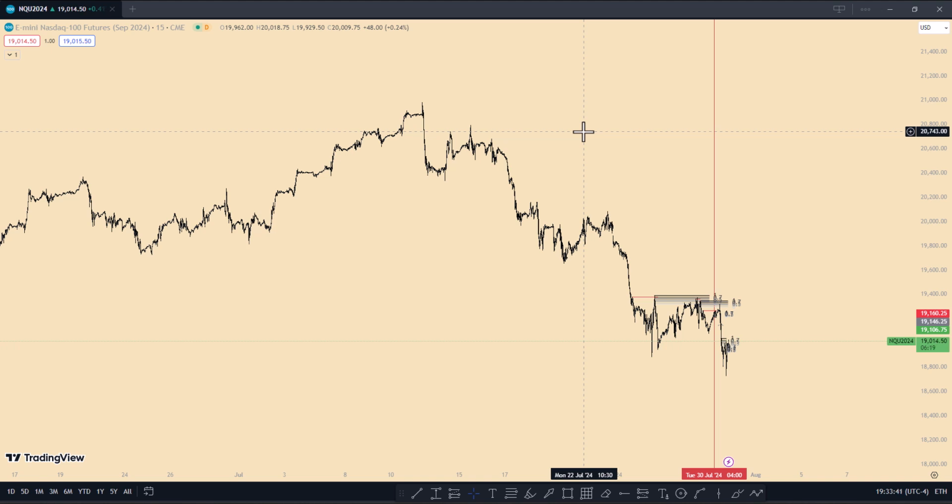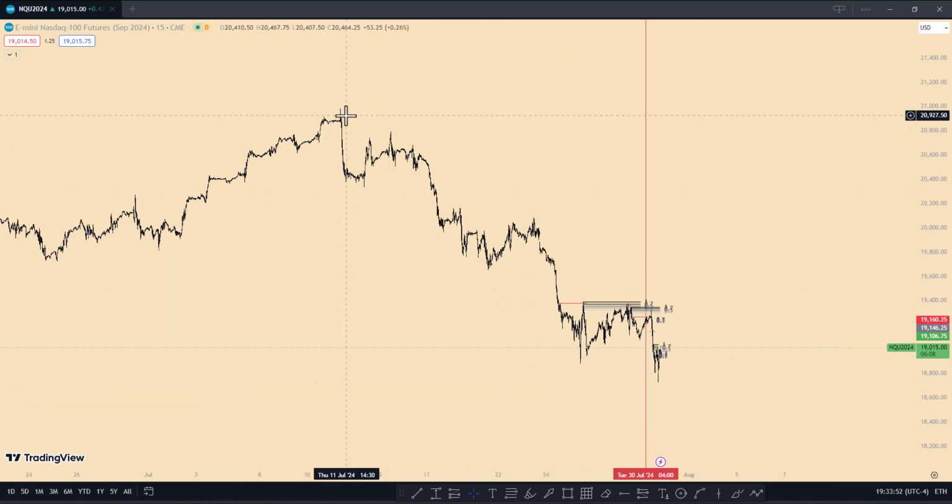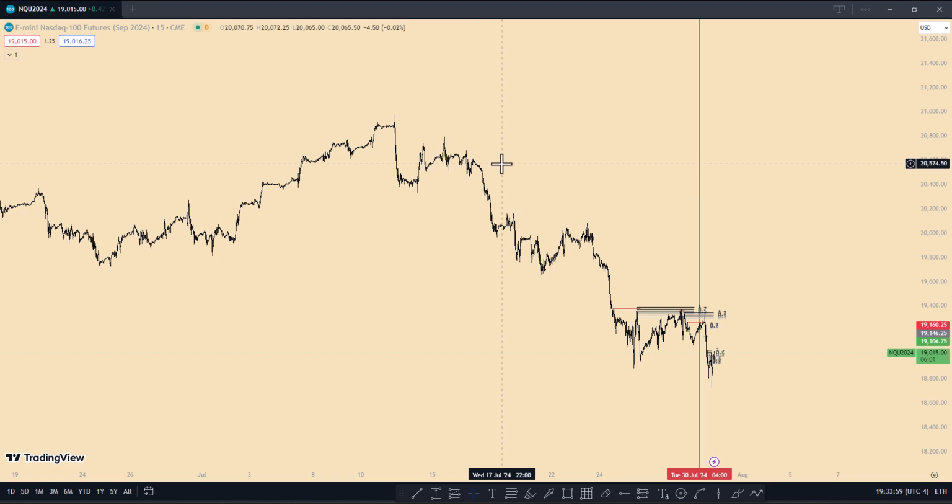And I'm going to show you how you can read price from the higher time frame to the lower time frame. Price for the last 20 days, we have seen a lot of bearish days, right? So each up move was just a pullback, right?